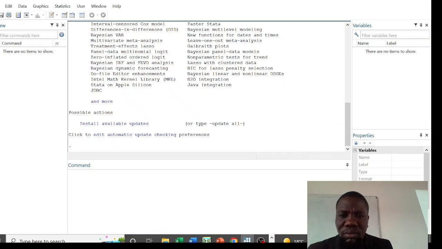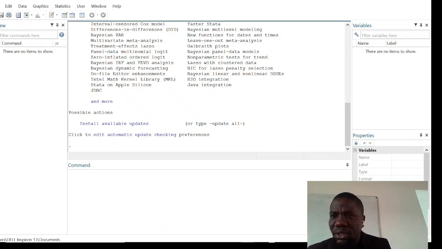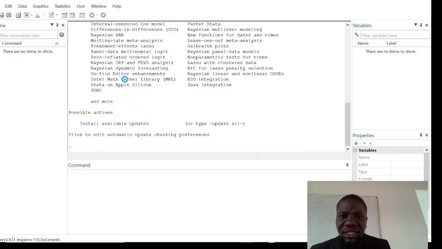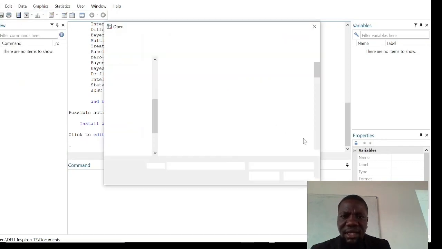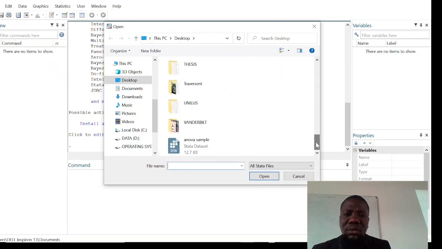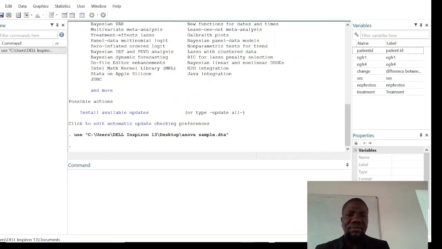So to do this, I just want to get the ANOVA data, the data that I just made to help with analysis of variance. Like I said last time, when you just import your Stata file, it will have the variables showing in here.